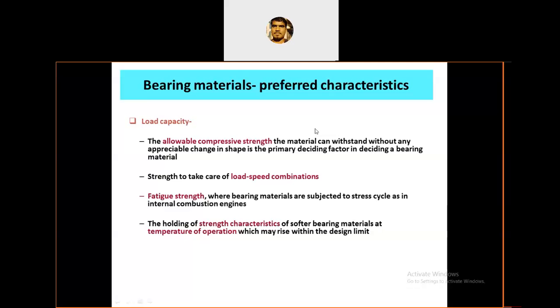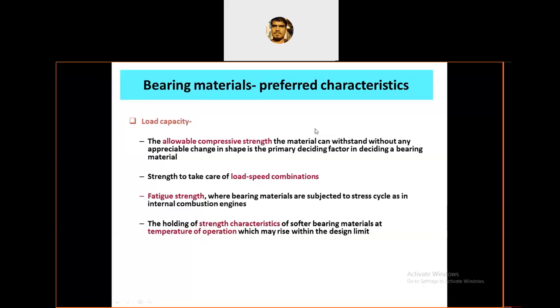Next, fatigue strength. Fatigue strength means a cyclic load is applied on the material. The best example is the internal combustion engine. You already know that in the IC engine, in every cycle there is a combustion. It produces power. So that power will exert stress.